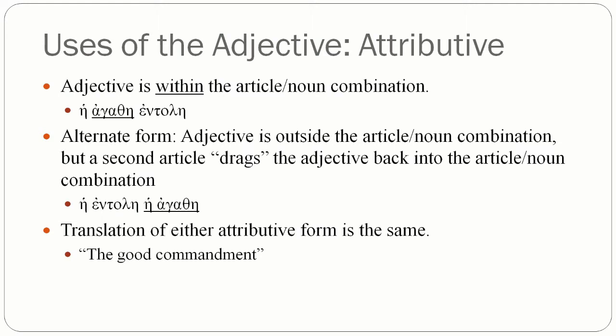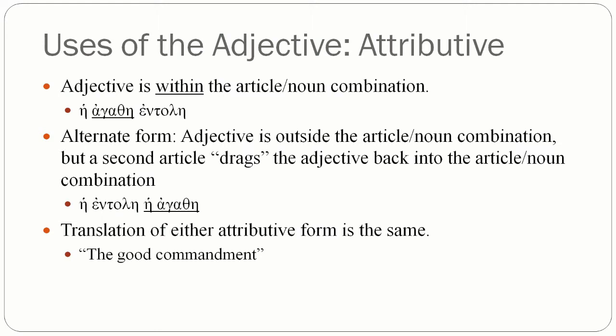The way you translate both of these phrases is the good commandment. It is making a description of the commandment. It's the commandment, but which commandment? It's the good commandment.